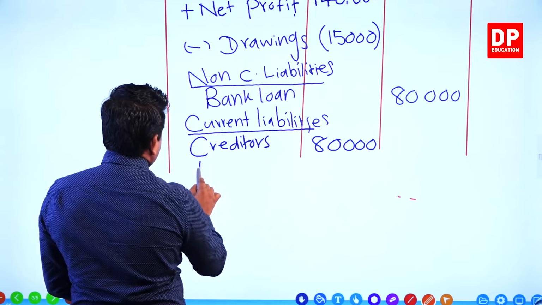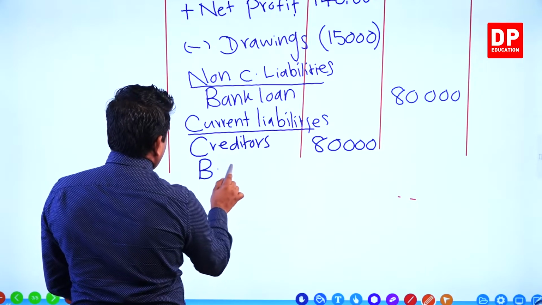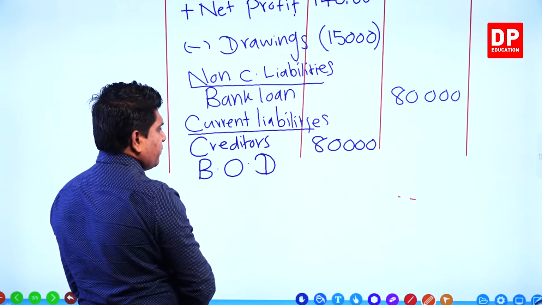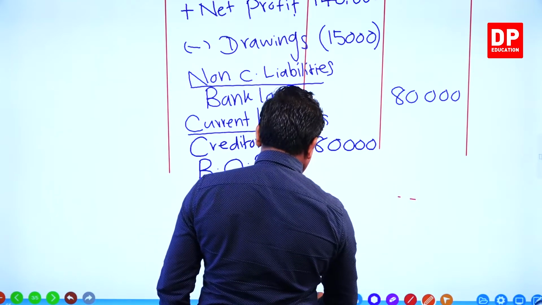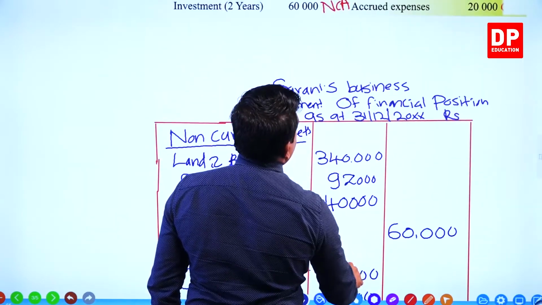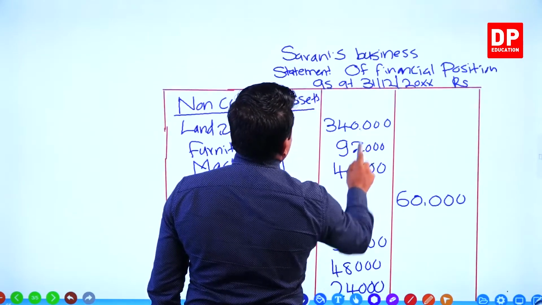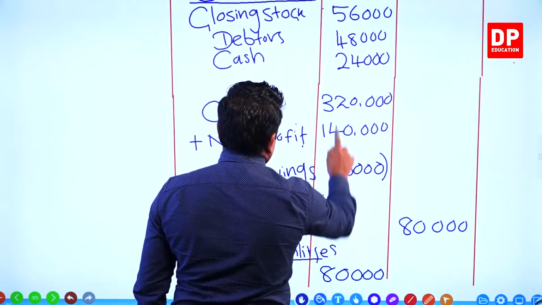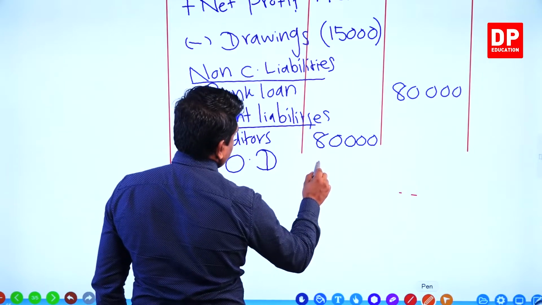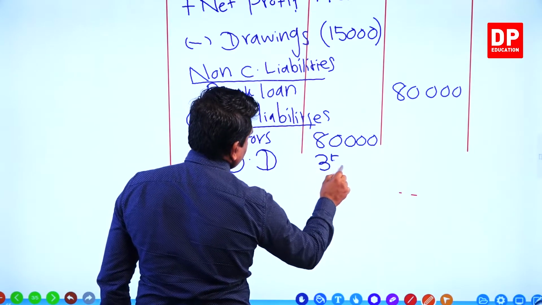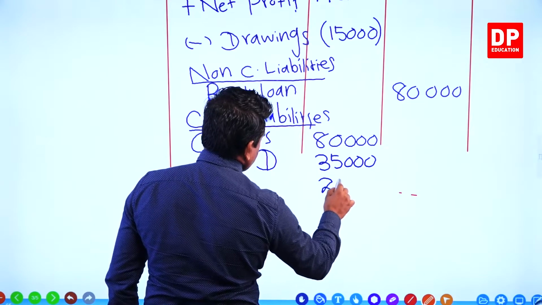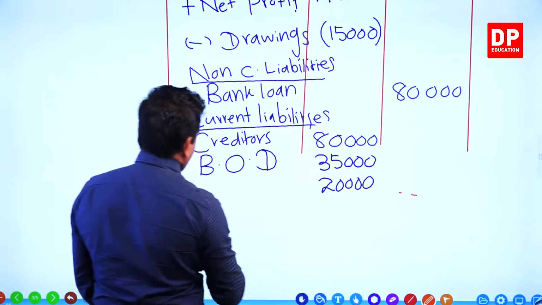Bank overdraft, BOD means bank overdraft. How much? 35,000. The other one is 20,000. What is that? It is accrued expense, right?